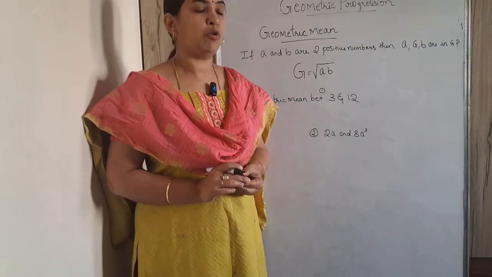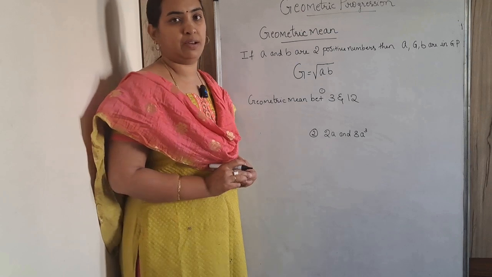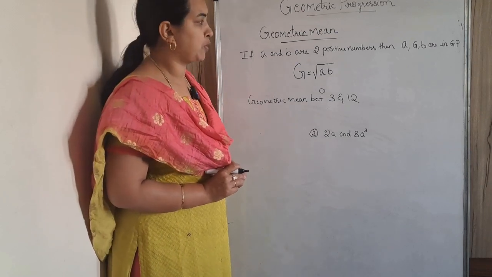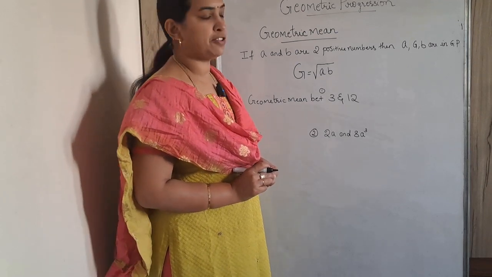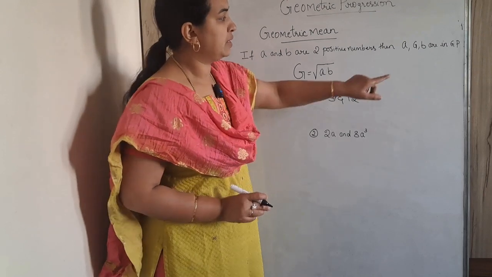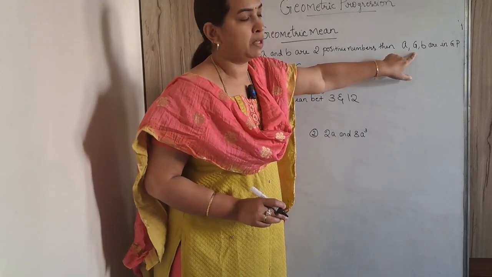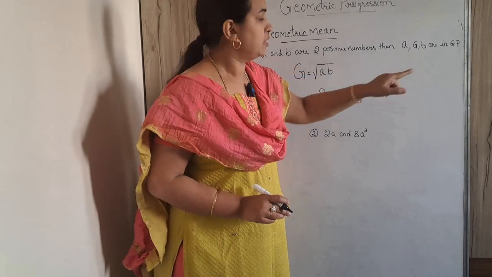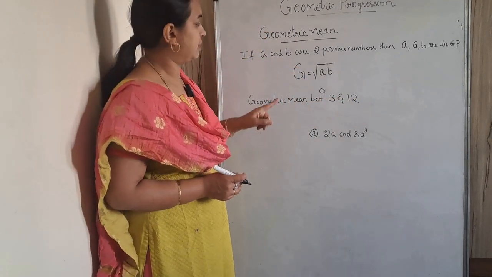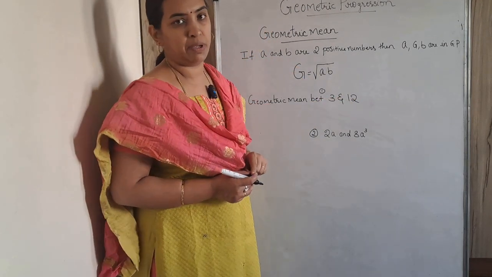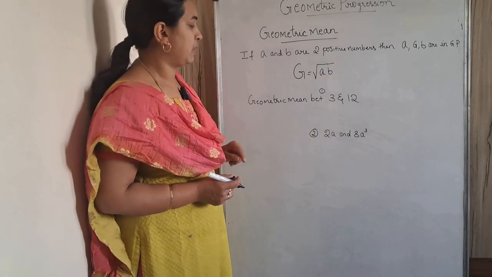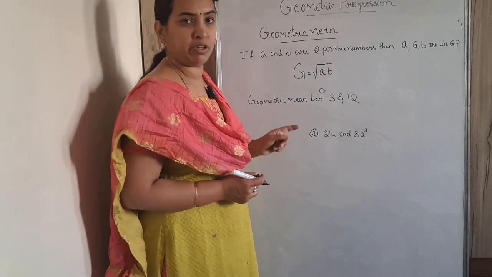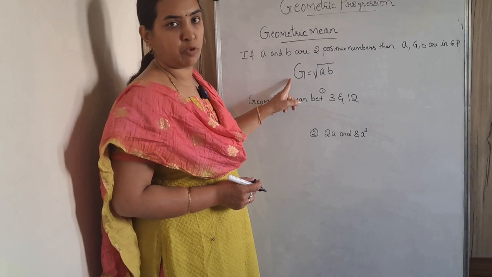Now let us learn how to find the geometric mean. If A and B are two positive numbers and A, G, B are in GP, then G is said to be the geometric mean between A and B. The formula to find the geometric mean is G is equal to root AB. If they ask you to find the geometric mean by giving two numbers, you can use this formula.